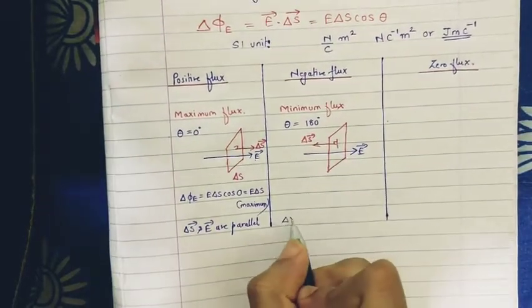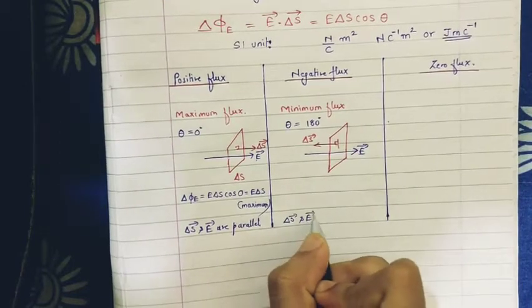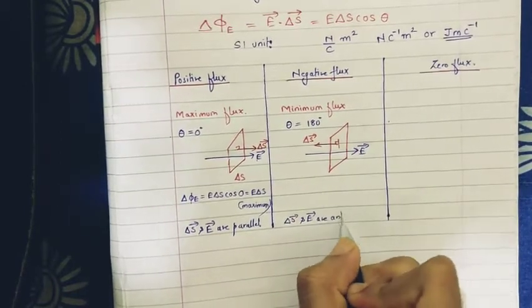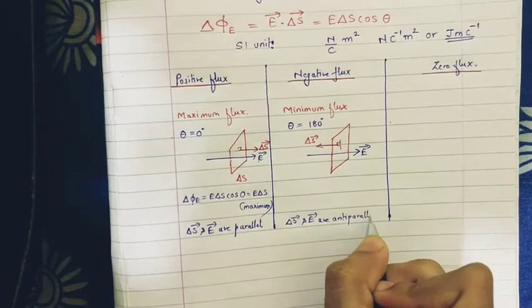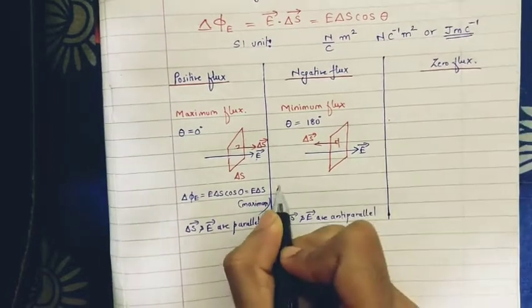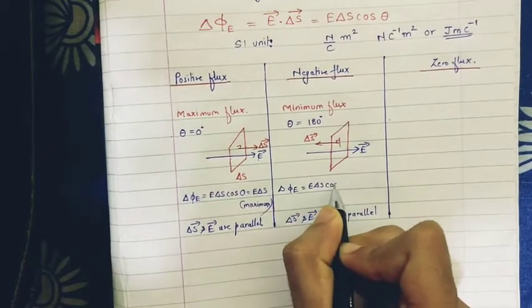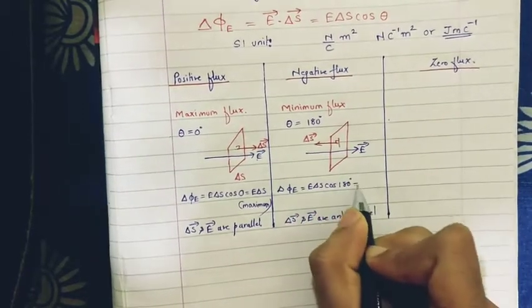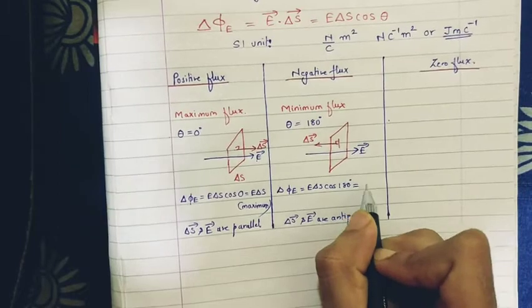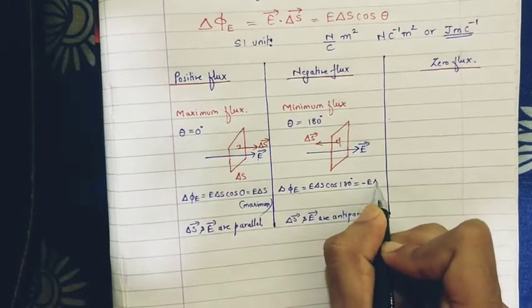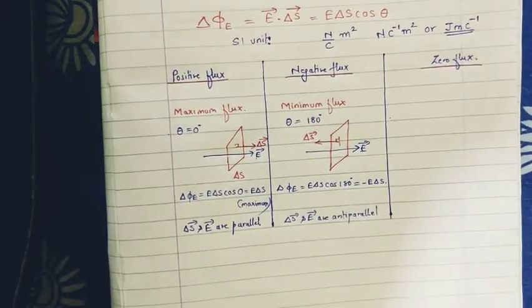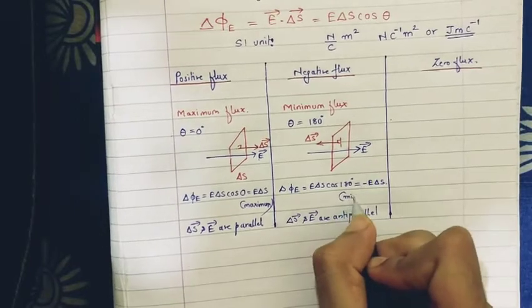That is basically delta S and E are anti-parallel. So in this case delta phi E is going to be E delta S cos of 180, and cos of 180 is minus 1, so it is going to be minus E delta S, which is minimum.